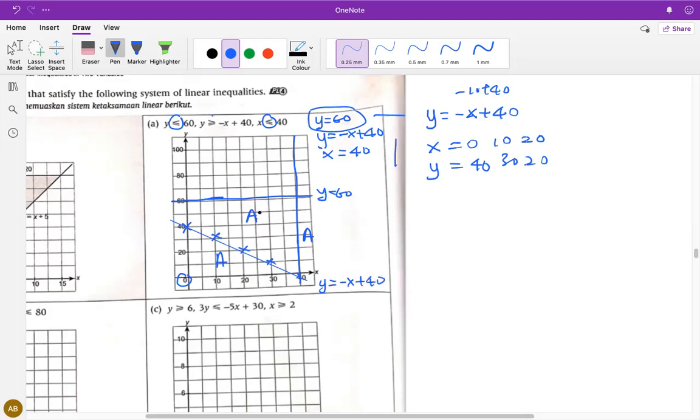Above it will be B. There are two regions only. Then the last one is x less than or equal to 40, so here is C only. So including this area, this area A, B, C, everything here.